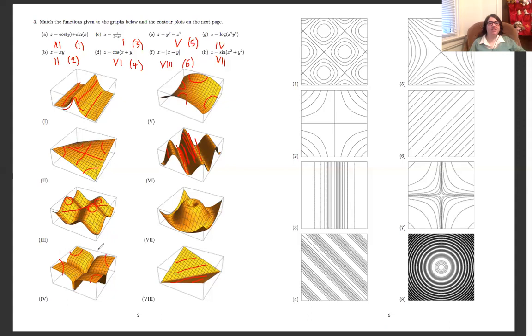But more significantly, because I've got this sort of problem where x and y equal 0, the function changes very, very quickly near there. And so both of those are indicative of 7. Not only does it give me that quasi-hyperbola shape, I can see that the contours are bunching really closely together when I'm close to the axes, and that matches my graph. So I'm going to say that graph 4 matches contour plot 7.